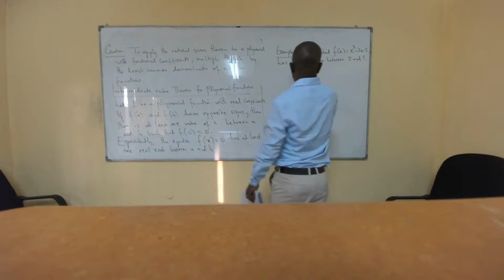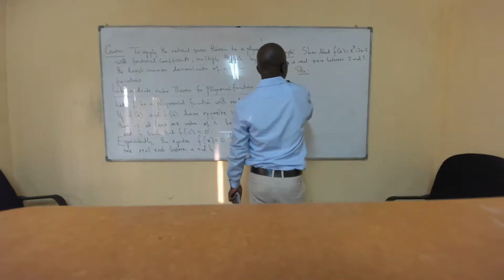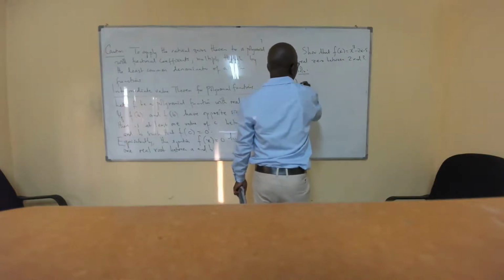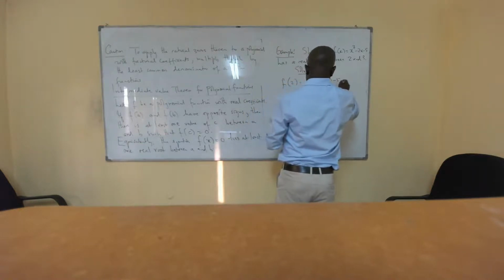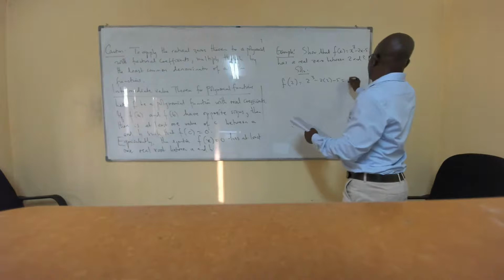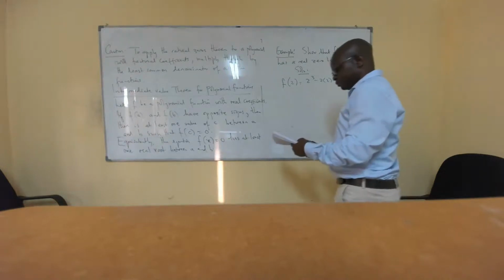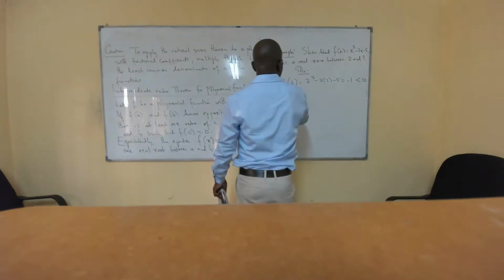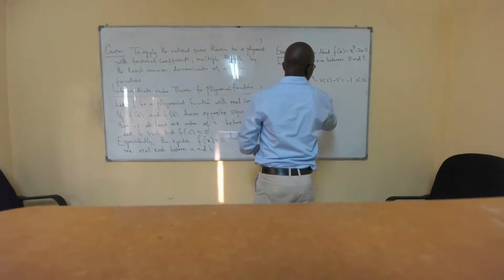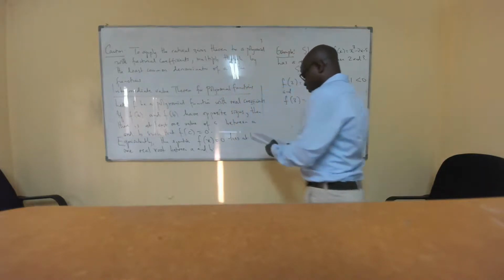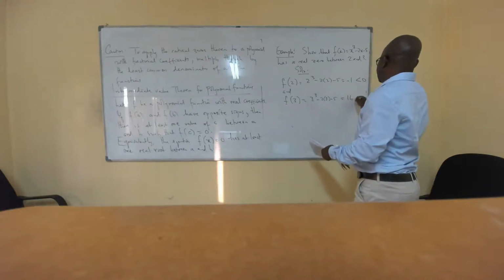So it's just a question of checking. F at 2: 2 cubed minus 2 times 2 minus 5, I think this will give you minus 1, it's negative. And f at 3: 3 cubed minus 2 times 3 minus 5, I think it gives us 16.